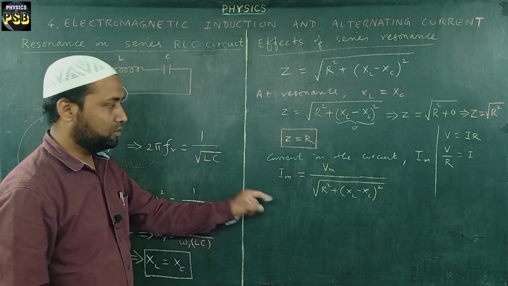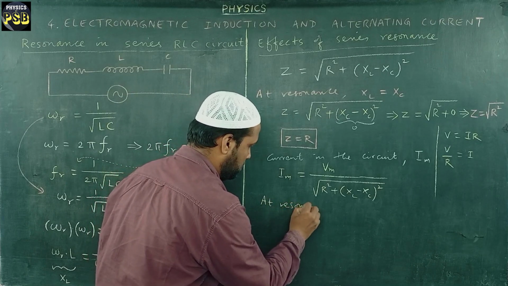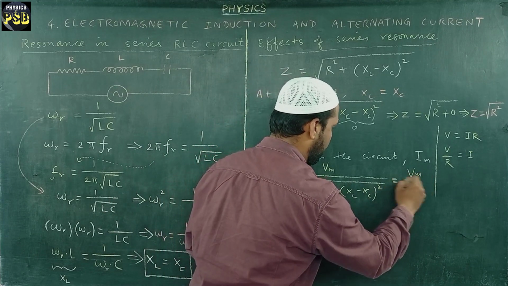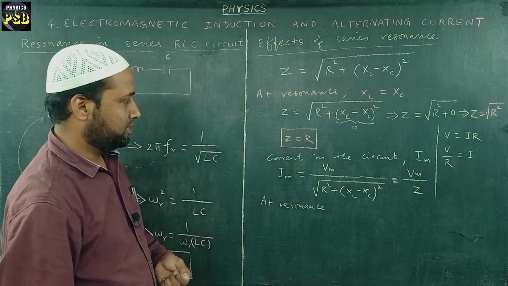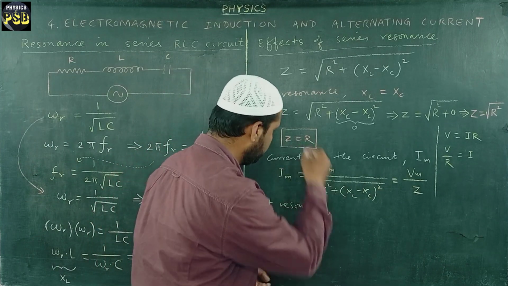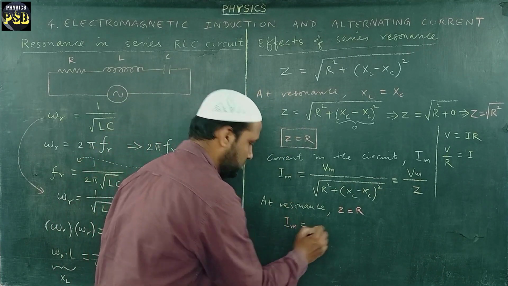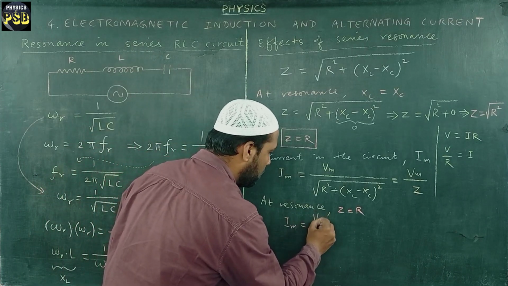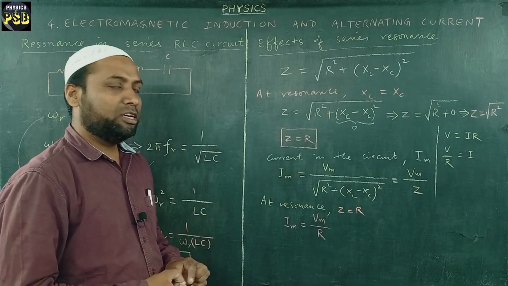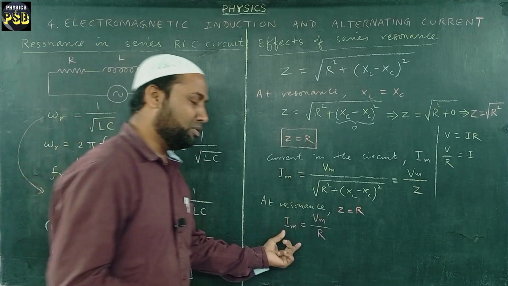But in our case, at the resonance, this can be written as Vm upon Z. At resonance, Z becomes equal to R. So IM becomes equal to Vm upon R. This clearly shows that the current in the RLC circuit becomes maximum at a resonance.